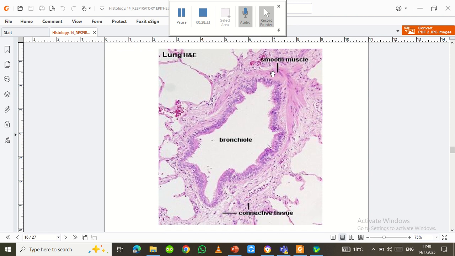So this is smooth muscle. This is another smooth muscle. Right here, you can now see the epithelium is folded, because there's no hyaline cartilage to support it. And then you can see this loose connective tissue that will be abundant in fibroblasts that will be secreting your collagen type 3, which is reticular fibers, elastic fibers, and so forth.